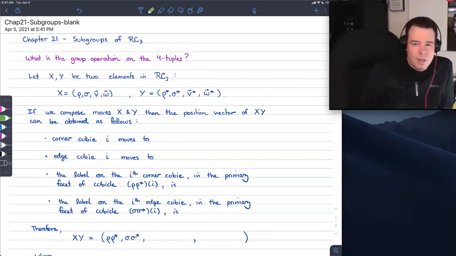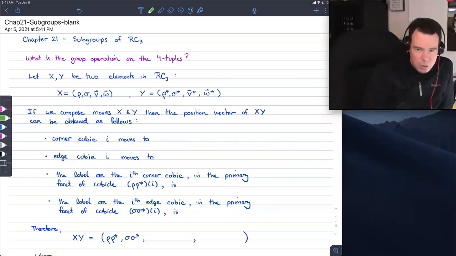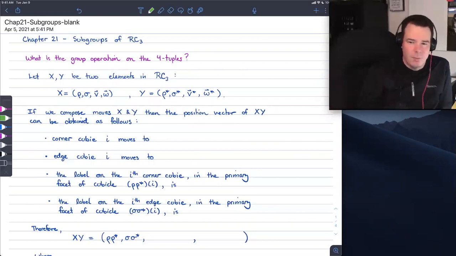So the whole time I'm thinking of, I've done the sequence of moves that gives me configuration X, and then I do the sequence of moves that I would have done on the solved puzzle to get to Y, but now I'm doing those same sequence of moves starting with where X left off.